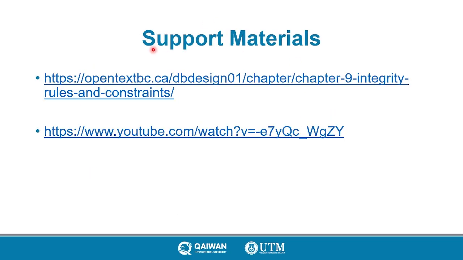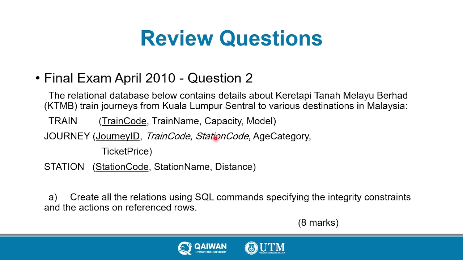Now, these are the support materials that you can also watch in a YouTube video or on this website for understanding this chapter, integrity rules and constraints, especially. And this is the review question, the final exam, April 2010, question 2. This was one of the questions.